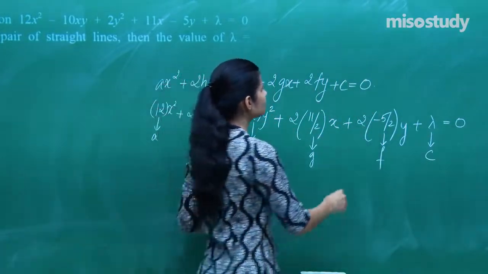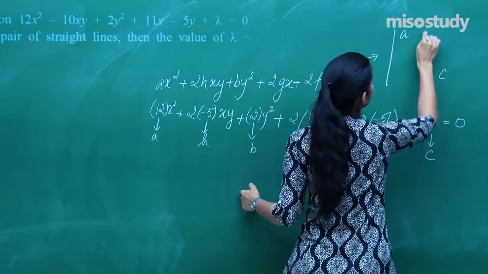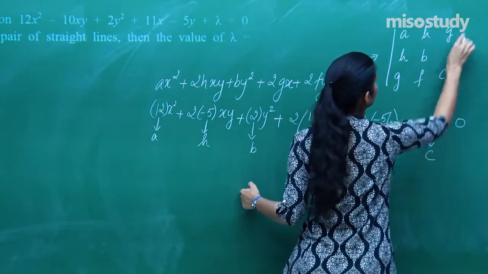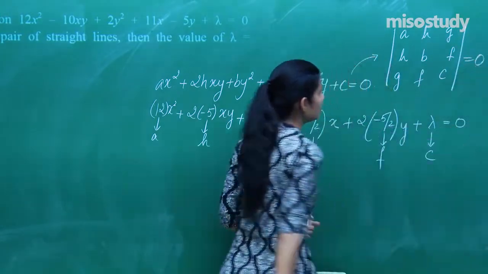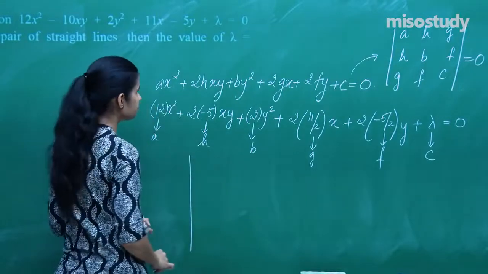This represents a pair of straight lines provided this determinant is 0. So if this is representing a pair of straight lines, what determinant should be 0?